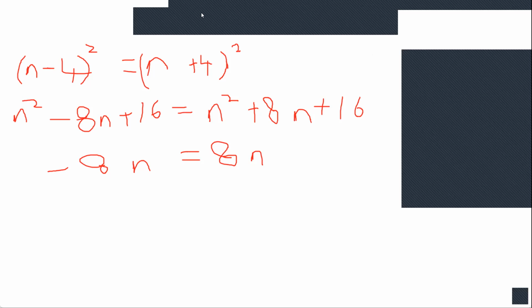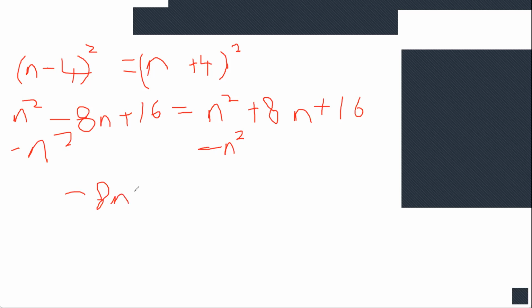Okay, I took a shortcut there. Let me explain what happened here. We subtract n squared from both sides, and then we have negative 8n is equal to 8n plus 16.